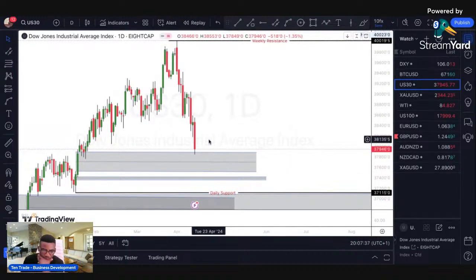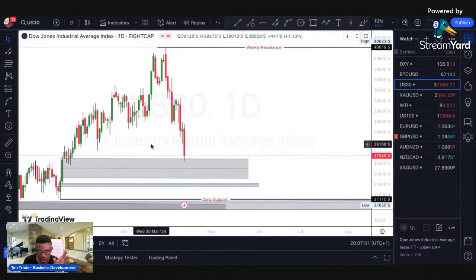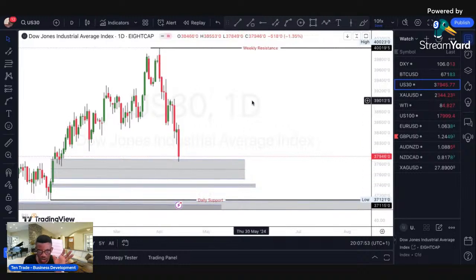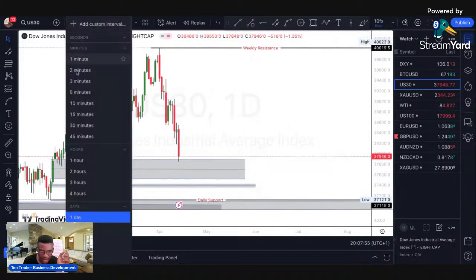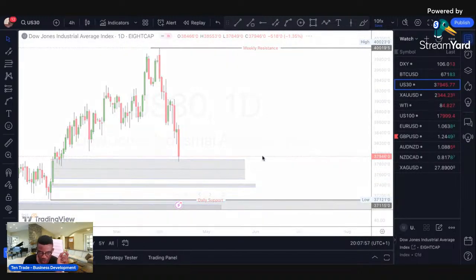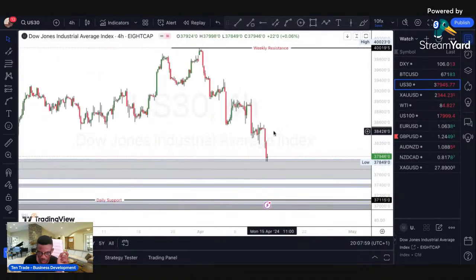So we believe that price can dip down here or even anywhere here. But right now what we are looking for is a market structure shift, a change of character on a lower time frame. When we get that structure within this range, we are good to go for a buy, and it's going to be a very long one.